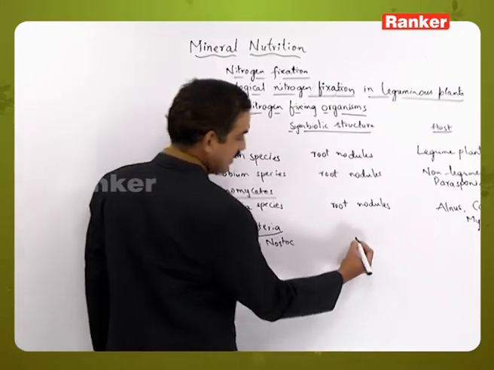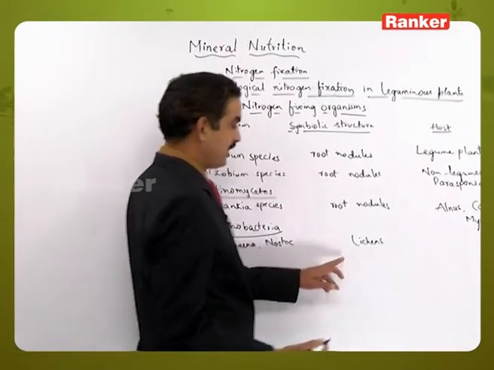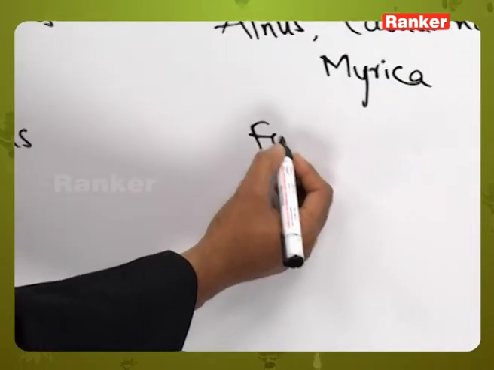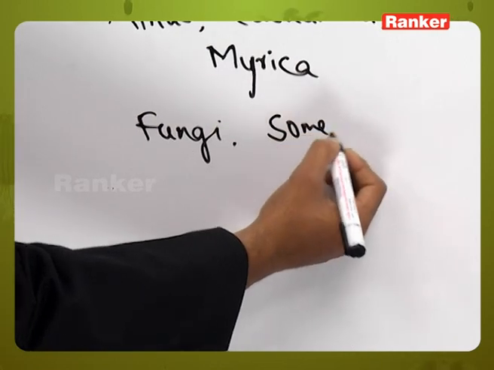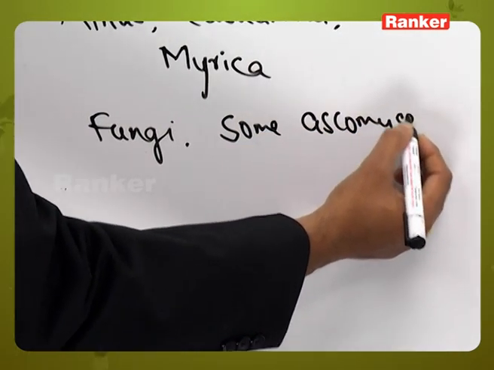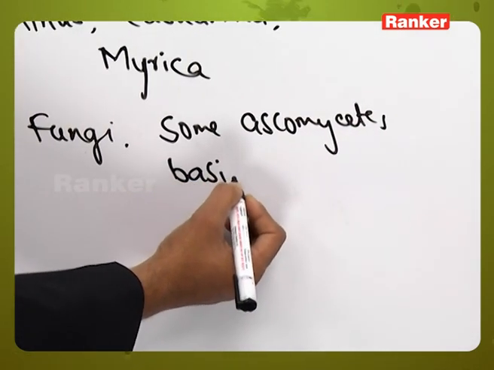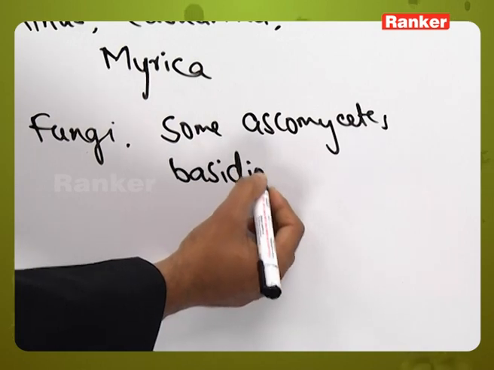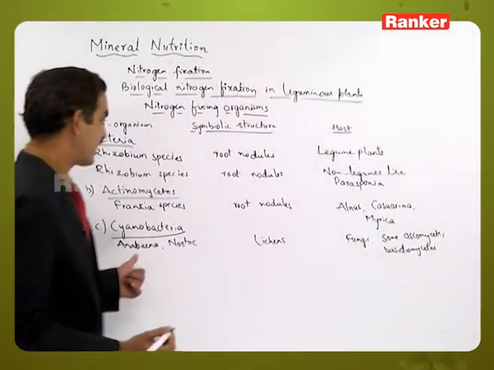They form lichens, and here they have been associated with fungi, and these fungi belong either to Ascomycetes or sometimes to Basidiomycetes also. This is one symbiotic structure.